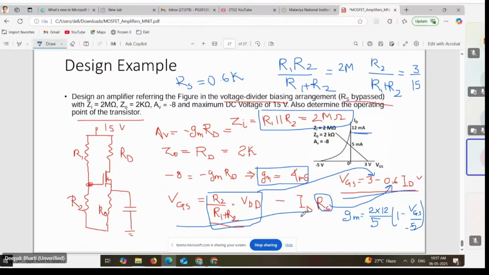And then we have learned about the small signal model for the depletion and the enhancement mode, and the application of those small signal equivalents to determine the parameters for the amplifiers, that is ZI, Z0 and AV. We have taken separate cases for many types of biasing configuration, and we have also learned to design the network if the parameters are given. So this is all what I had to discuss.